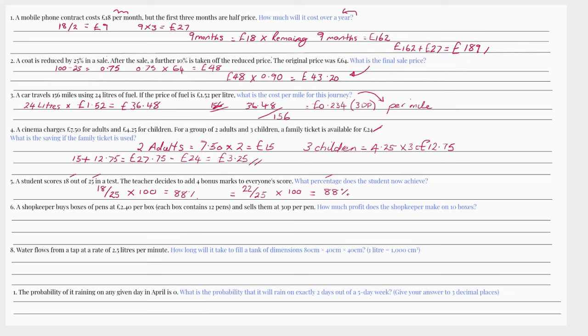So let's work out what 10 boxes are. So let's go with 10 boxes, and we're going to times that by £2.40, which gives us £24.